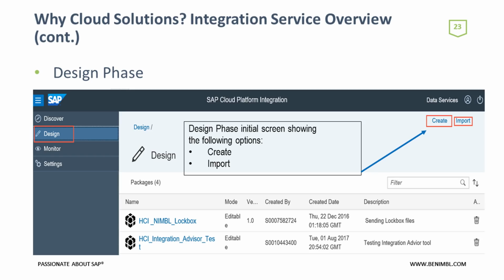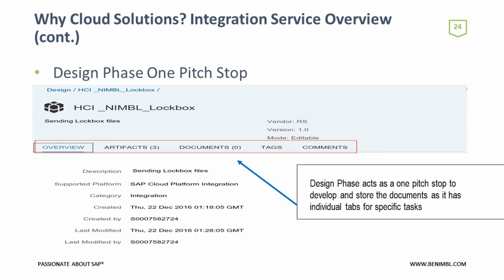Create option is self-explanatory, wherein you will create everything from scratch. Import option, like I mentioned, because of the reverse compatibility, and also if customers are running SAP Process Orchestration, SAP PACS 5 and above, they can import iFlows which are created in Process Orchestration directly into SAP Cloud Platform Integration Services. That is why the import option will be used.